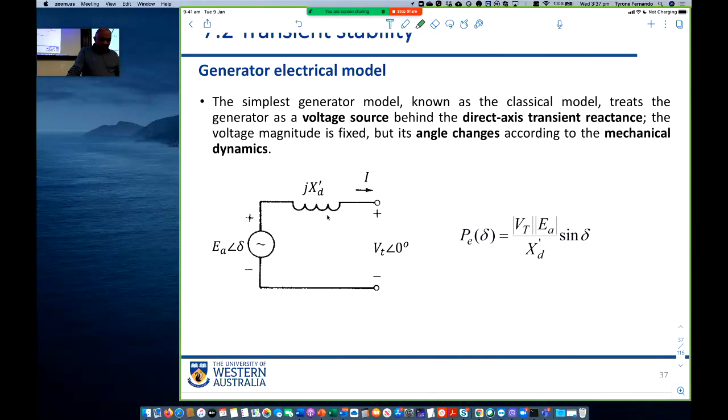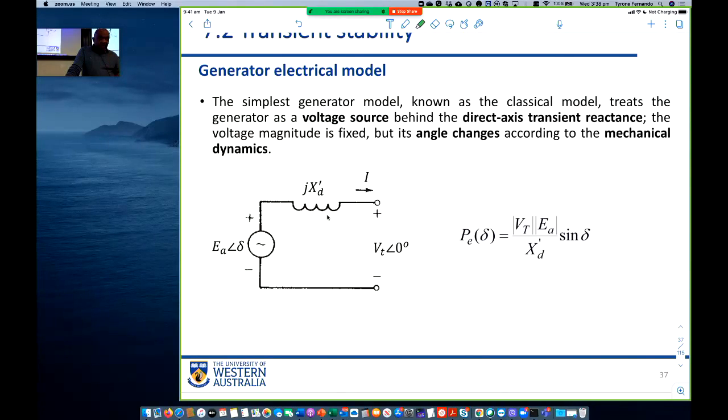The simplest generator model, known as the classical model, treats the generator as a voltage source behind some reactance. The voltage magnitude is fixed, which is EA, but its angle changes according to the mechanical dynamics. So the magnitude of EA is fixed, the angle theta can change.